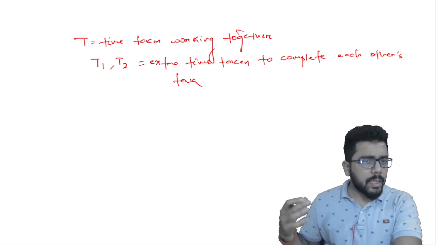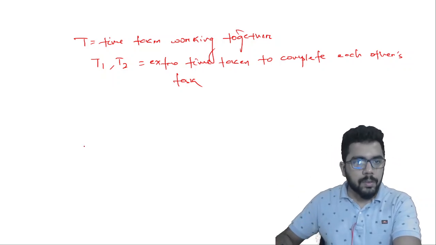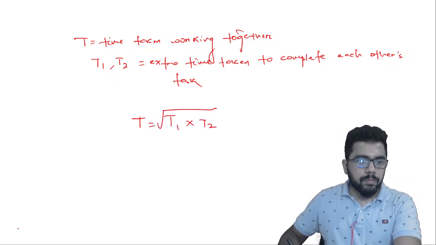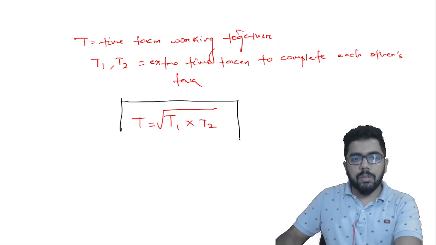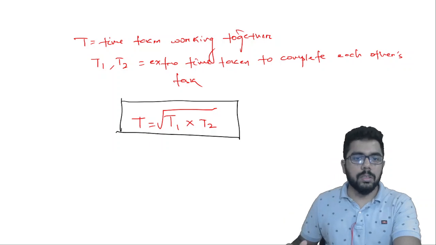Then I can conclude that t is the square root of t1 into t2. The time taken to complete the work together is the square root of the product of the extra time taken by each of them to complete the individual task.